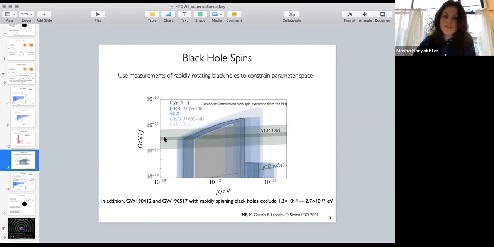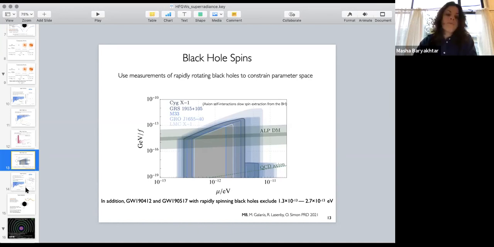These rely on the measurements of these X-ray binaries, and some people don't trust these at the 100% level because they rely on a lot of modeling, but taking them at face value, they go up to about 10 to minus 11 eV. So we want to go to higher frequencies than that to look for new parameter space. It's still interesting to look in this range to double check these bounds, but it's especially interesting to go to higher frequencies.